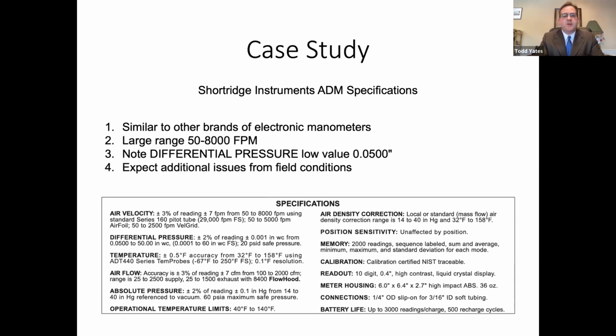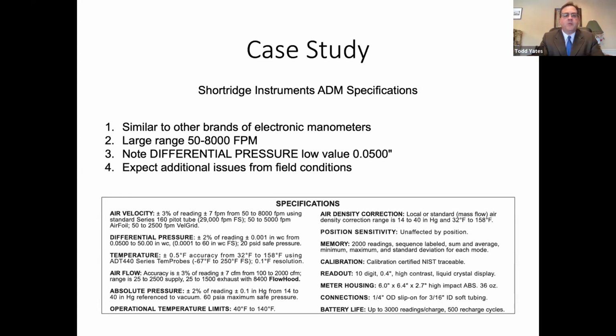So that's a pretty big range. The differential pressure, though, was interesting as well, because it's plus or minus 2%, plus or minus 1/1000th of an inch water column from 0.05 to 50 inches. And the important thing to note here is that the low end value that they give us is 0.05.